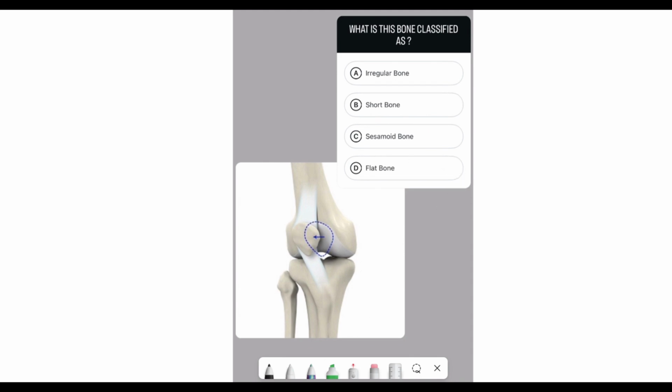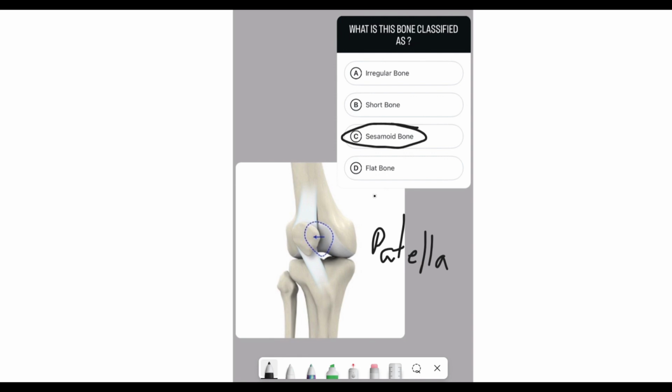And then finally, and what I think should be the last question, is going to be the patella. Now remember, I just said if we're looking at the patella, it's probably going to be what kind of bone? Sesamoid bone.